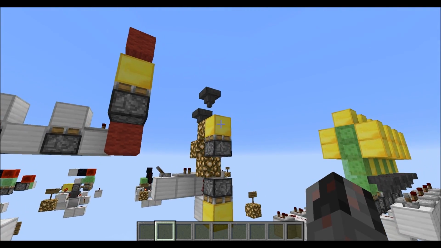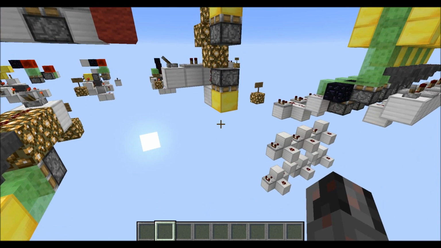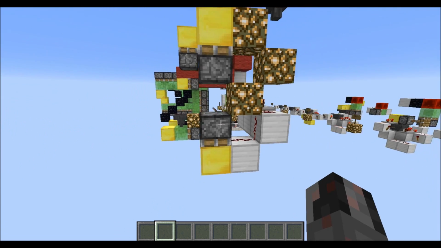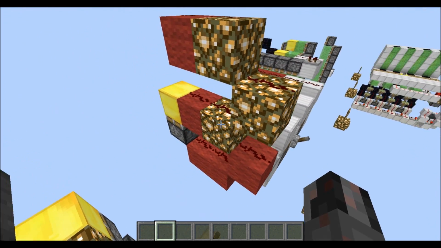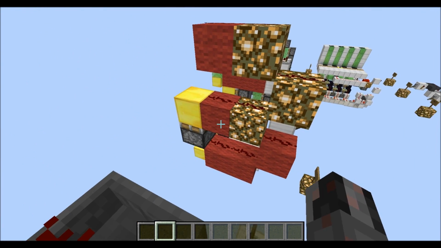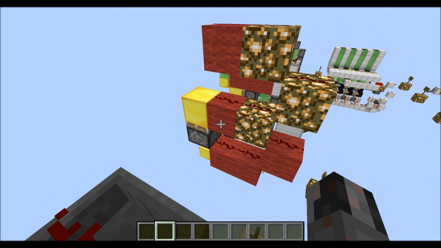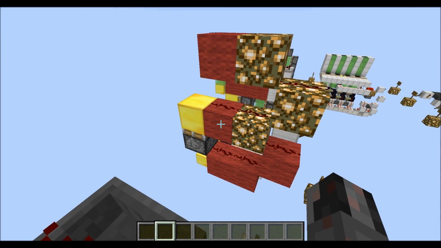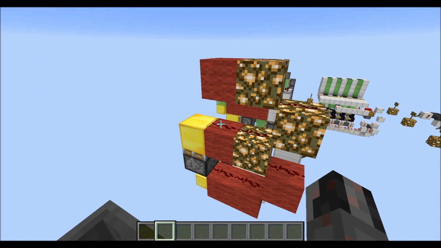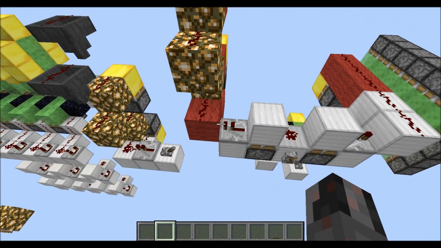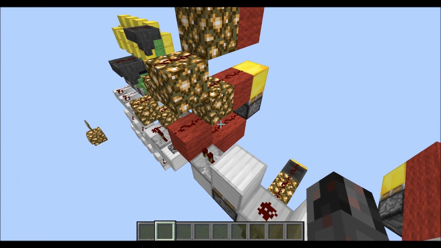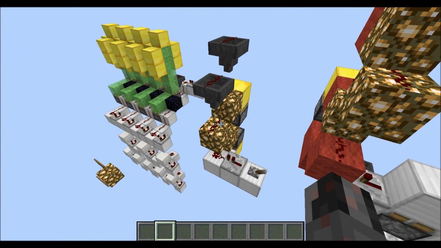Now with contraptions that are facing upwards or downwards, you basically should avoid powering them from more than one source. So in this case you should avoid powering full blocks here, so you'll have to use transparent blocks there, and you should also avoid powering blocks in a way that it will activate more than one redstone at the same time.